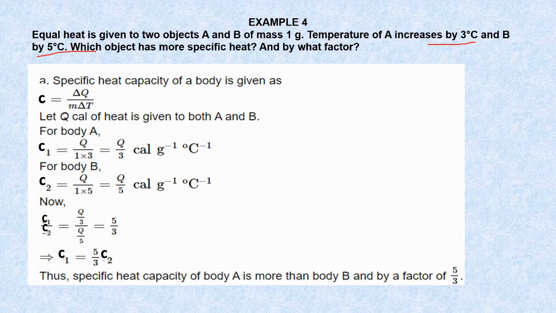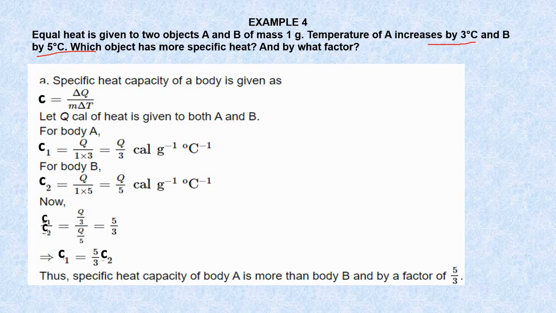The formula for specific heat capacity of a body is C, the specific heat, equal to delta Q upon M delta T, where delta T is the change in temperature. So let Q calories of heat be given to both objects, A and B. For body A, we'll take the specific heat as C1.